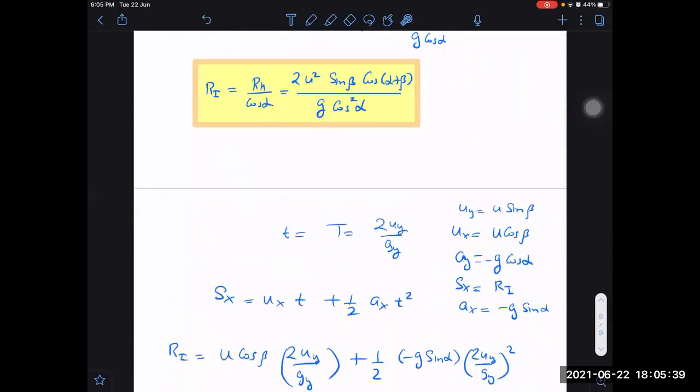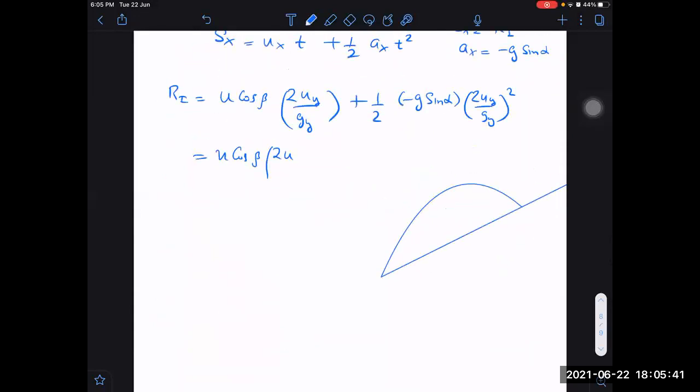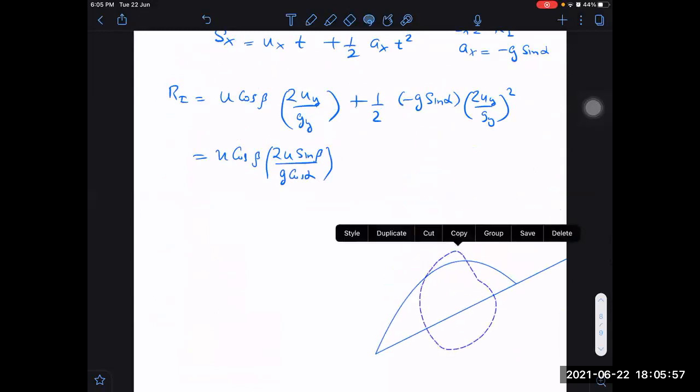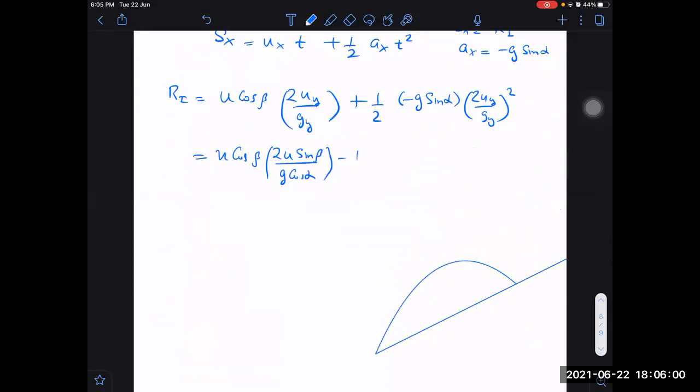So come to this place again. 2uy, and uy was u sine beta, divided by gy. Gy was g cos alpha. Again, magnitude, you are forgetting. Magnitude wise, that is g cos alpha. Minus half into g sine alpha into 4. What is uy square? U square sine square beta. What is gy square? g square cos square alpha.